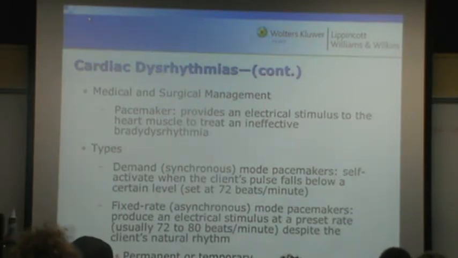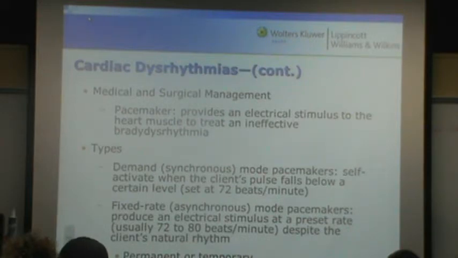So these patients, for whatever reason, maybe they experience third degree heart block or complete heart block, and their heart rate is now in the 40s or so. So because of this really, really slow heart rate, we're going to put in a pacemaker to get their heart rate back to and maintain it at a normal rate.